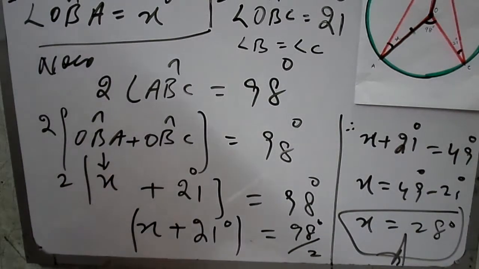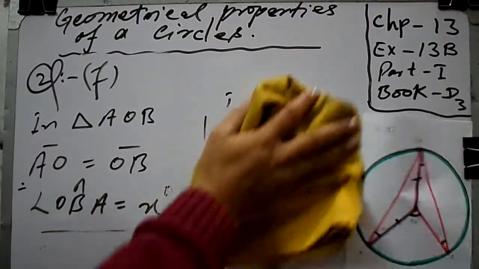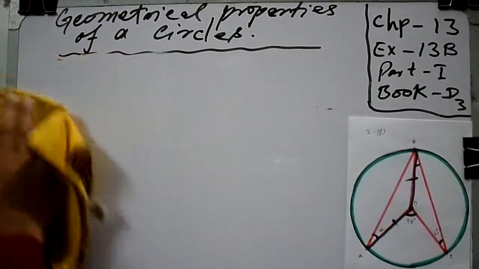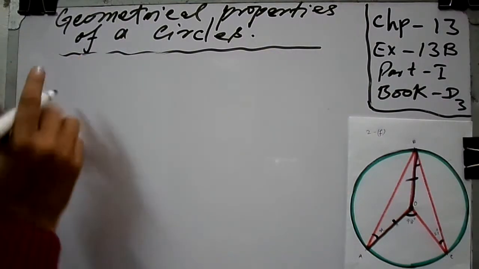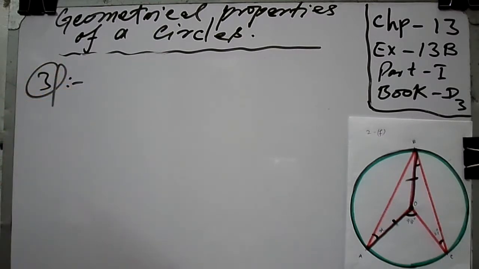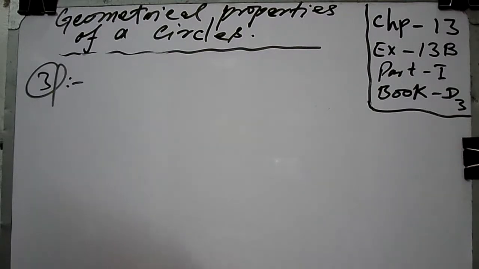Now coming to question number 3. In question number 3, you can see here in your textbook, once again we have to find the unknown parts of the sides.